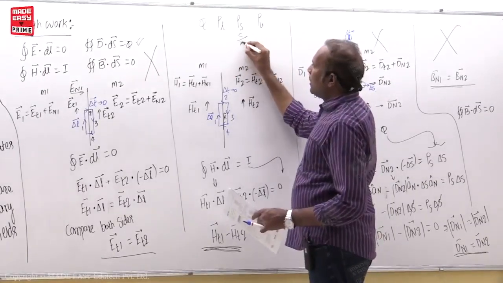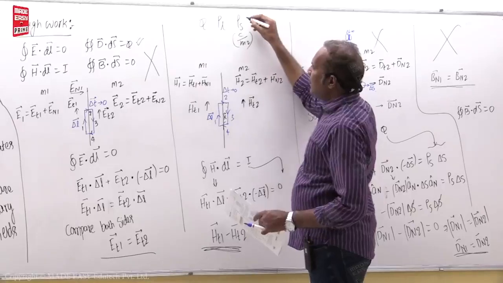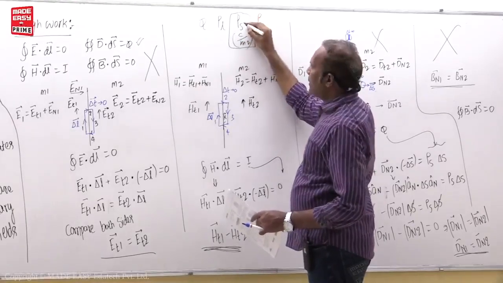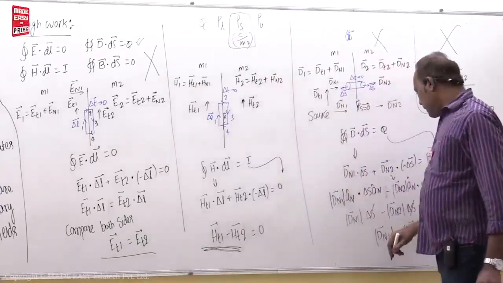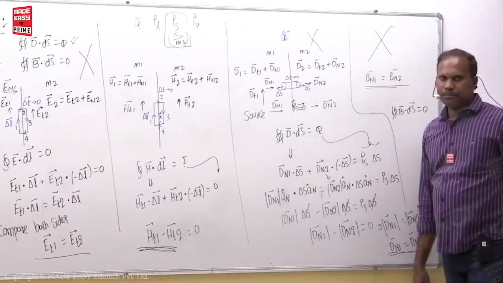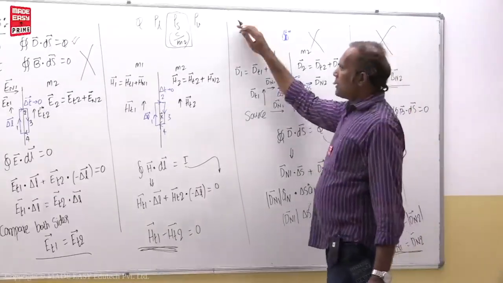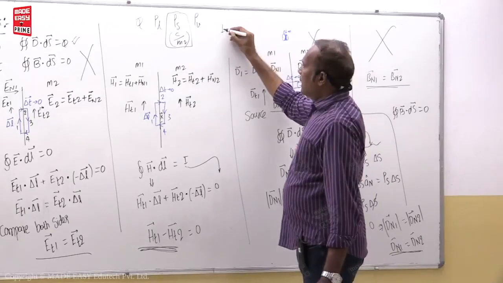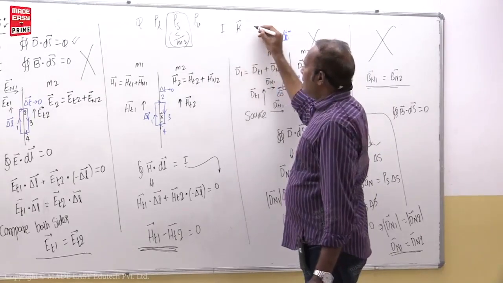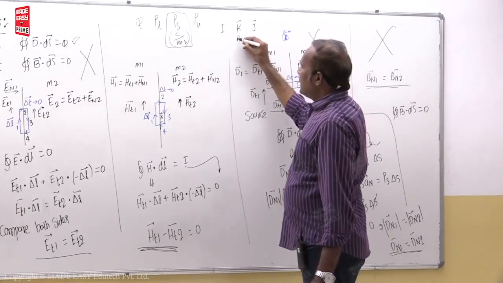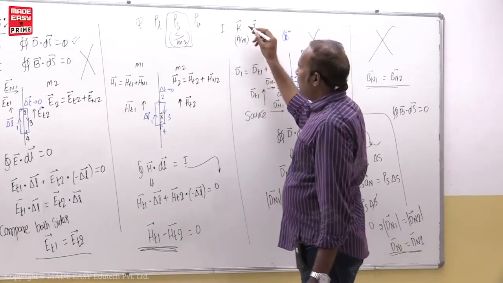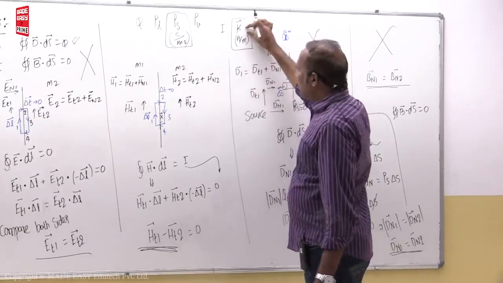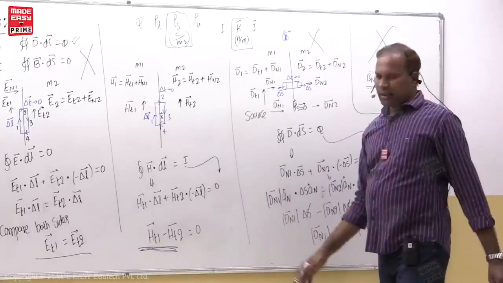Among them, surface charge density, in coulomb per meter square, is present on the boundary surface. That is why rho s comes here. Coming to the current sources: line current, surface current density, and volume current density. The surface current density unit is ampere per meter. It is present on the surface, and that only comes in the H bar derivation.